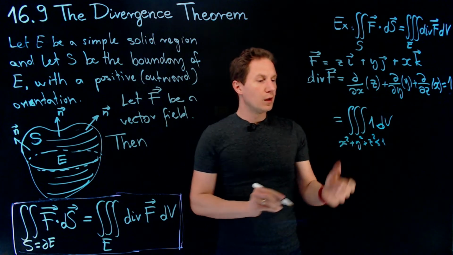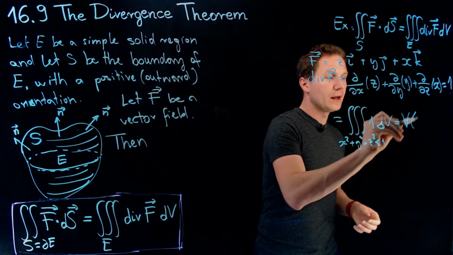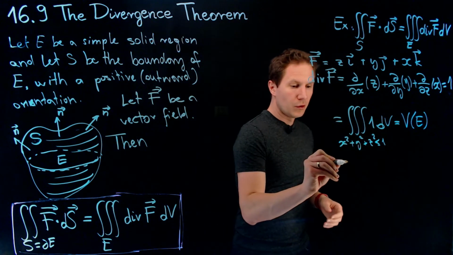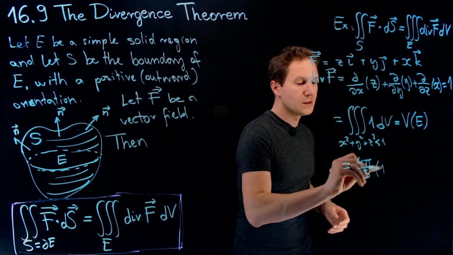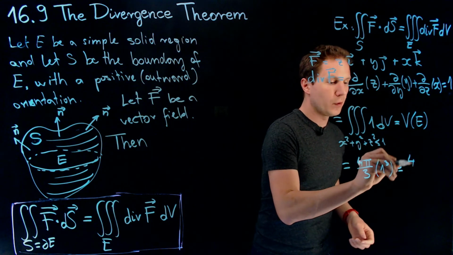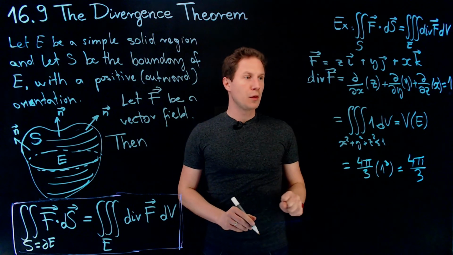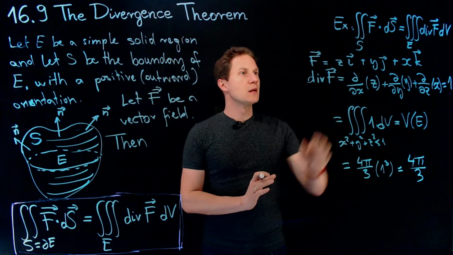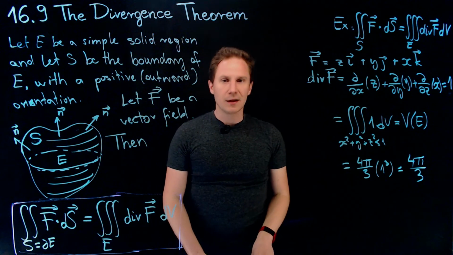Okay? And this is just the volume of that ball, the volume of the ball of radius 1. So that will give us just 4 pi over 3 times the radius cubed, but our radius is just equal to 1 now, so it's 4 pi over 3 for that reason. So you can see how using the divergence theorem and finding the divergence to be a constant function gave us this surface integral, the flux, almost immediately as the result.